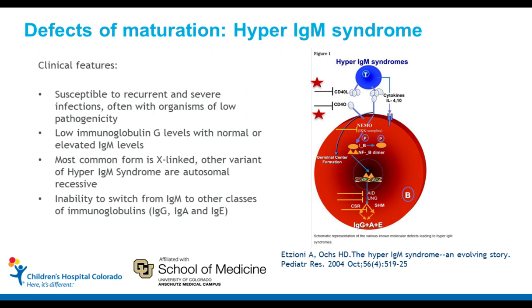So CD40 ligand is an X-linked disease. CD40 may be mutated, causing hyper-IgM syndrome, as can class-switching recombinase and a couple other genes along the signaling pathway, all of which are involved in the switching of the B cell from making IgM to making the other subclasses.